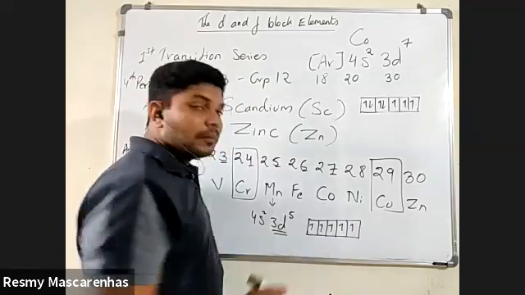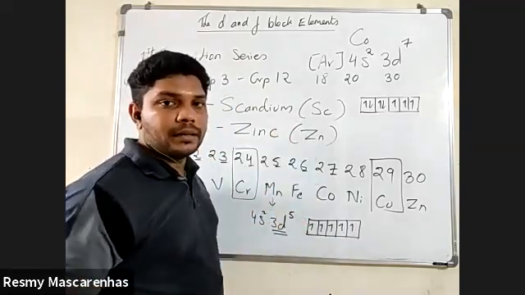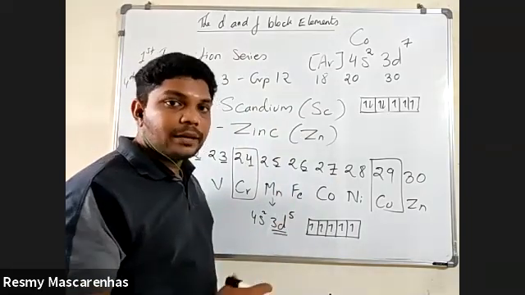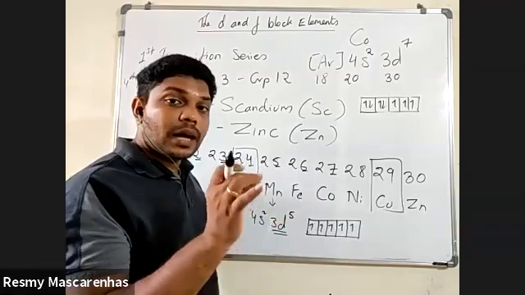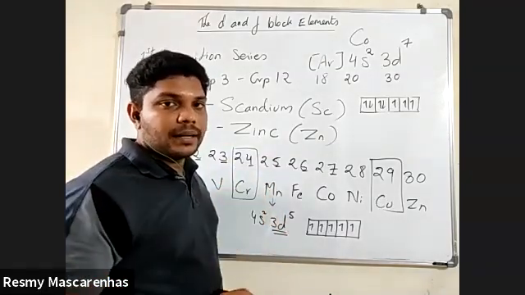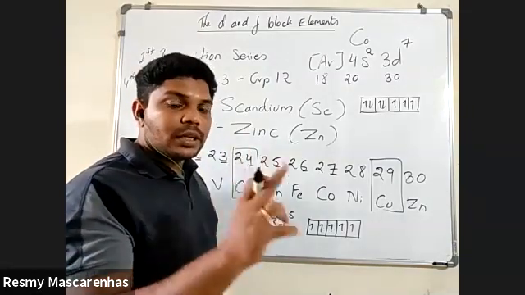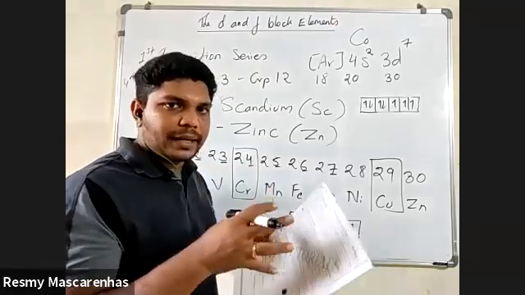Whenever more number of unpaired electrons are there, that particular element is more paramagnetic. Less number of unpaired electrons, more diamagnetic. Diamagnetic means what? Electrons are paired. Whenever all electrons are paired, it is diamagnetic. Even if one electron is unpaired, it is paramagnetic. Paramagnetic means actual magnet.